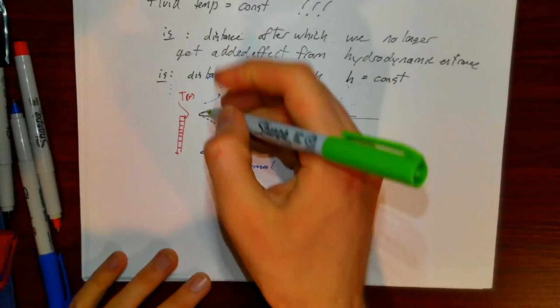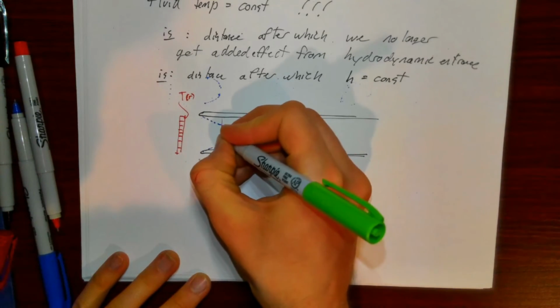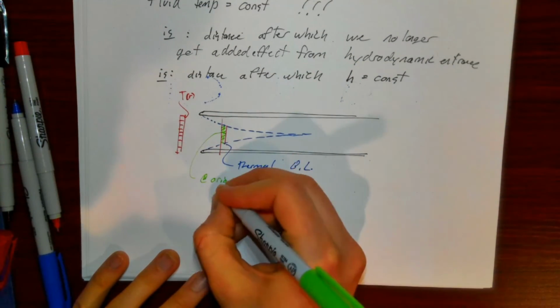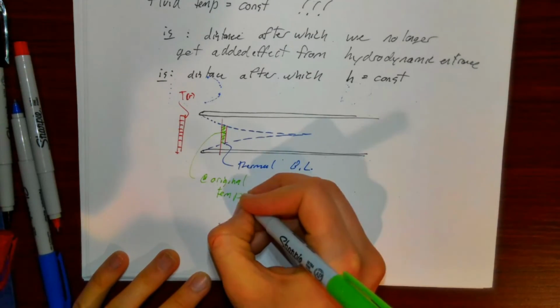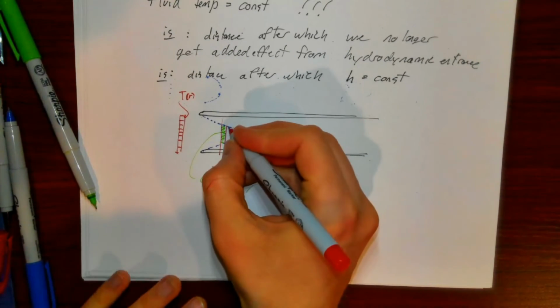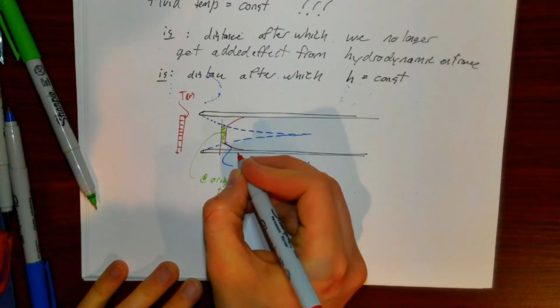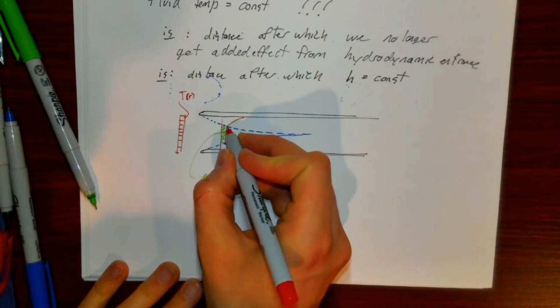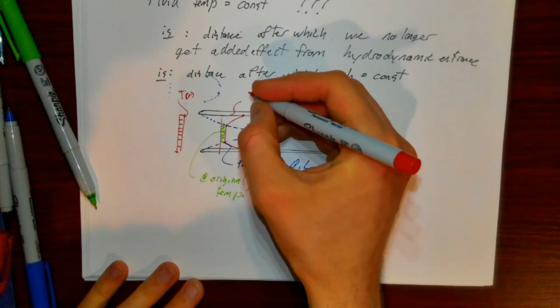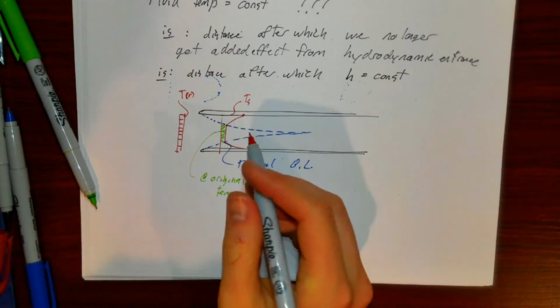So in this case, this fluid is basically at the original inlet temp. And then the fluid transitions from your original inlet temp up to your T_s right here, let's say.